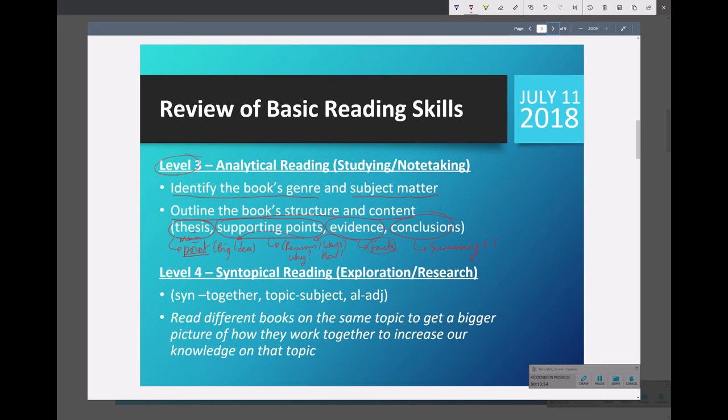So maybe future research, for example, or some sort of advice. Knowing the structure of essays, which I'll be teaching you how to read and write them, would help you do this kind of reading well. And the more you practice this kind of reading, the better at studying and taking notes you will be in any subjects. So this is what it might look like.